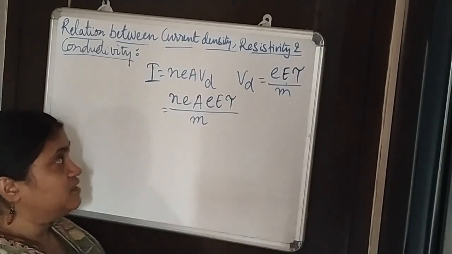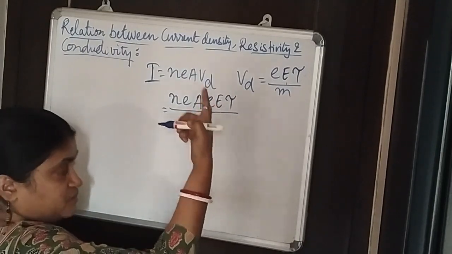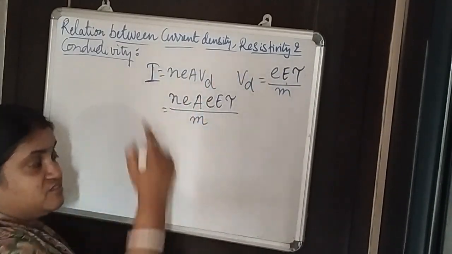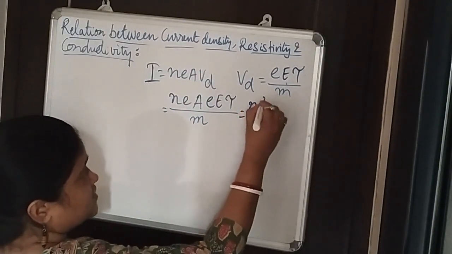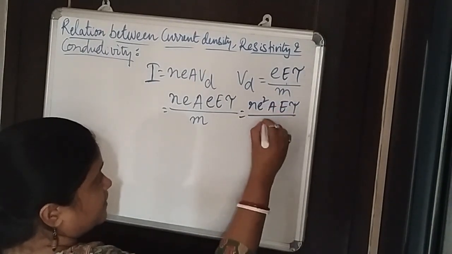As we have seen, I is n e A E tau by m after substituting the drift velocity expression. So here we get n e square A E tau by m.